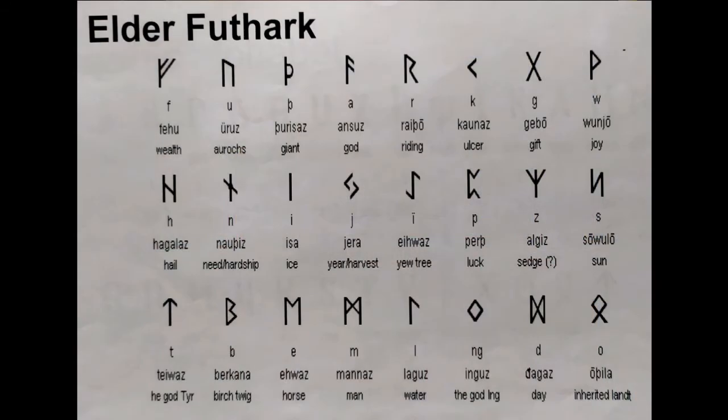Those were Fehu, denoting F; the second letter Uruz, Aurochs; Thurisaz, giant; the third letter Ansuz, god; the fourth letter Raithor, riding; and the last Kaunaz.